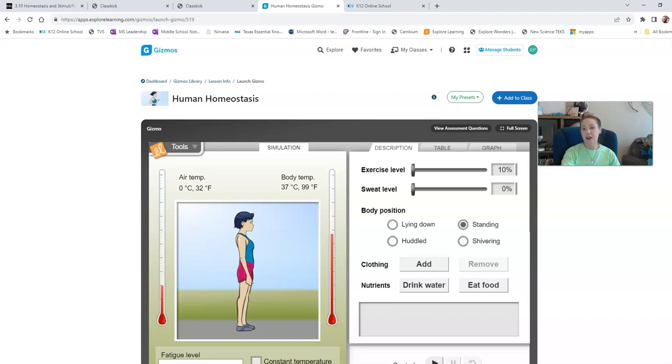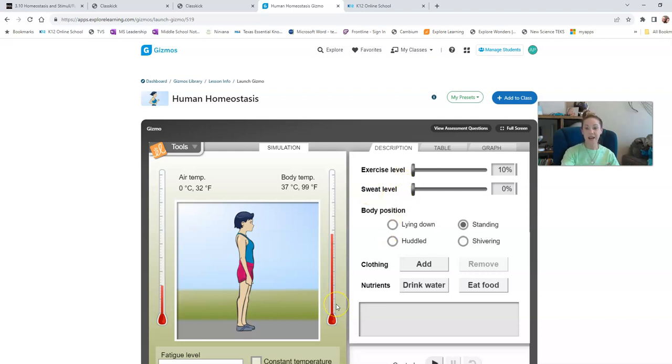Initial just means start. So the initial temperature here is 0 degrees Celsius, which is right at freezing, 32 degrees Fahrenheit, okay? The initial body temperature over here is 99 degrees, which is pretty normal. Our normal body temperature is about 98.6 degrees, so they're just rounding up here, okay?